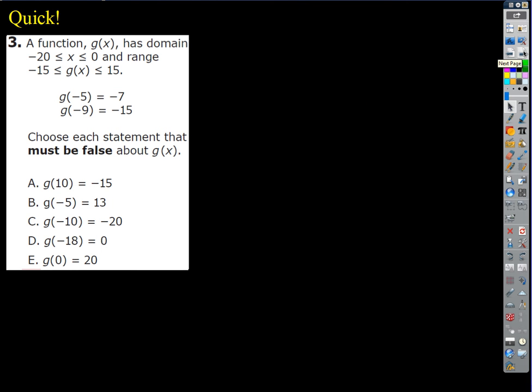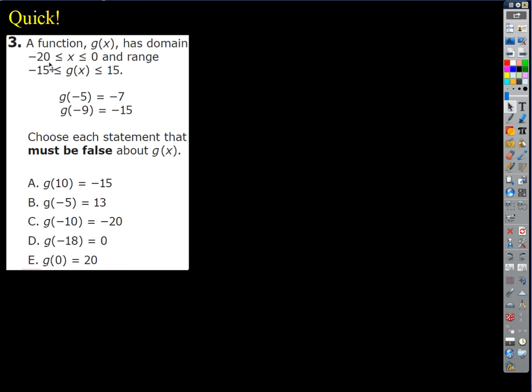So what about this? This is another one where they look intimidating because there's lots of g's of x's and all kinds of stuff going on there. It makes you just want to not read it probably. That's the way most people feel about these. But if you just persevere and push through it and read them, what you find is these are usually pretty easy. Okay? So let's talk about this. They don't even tell us what the function is. A function g of x has this domain, right?